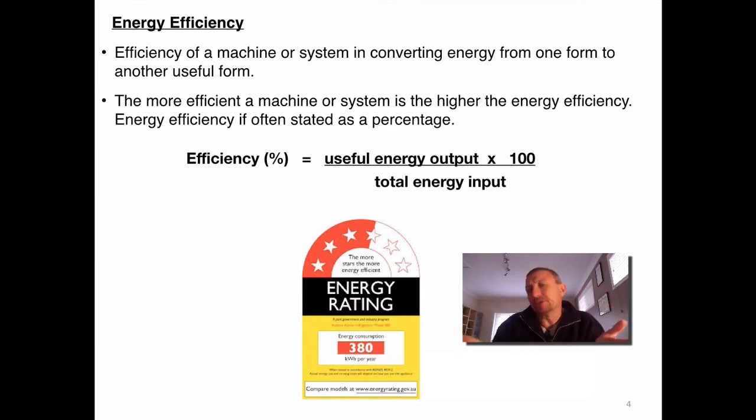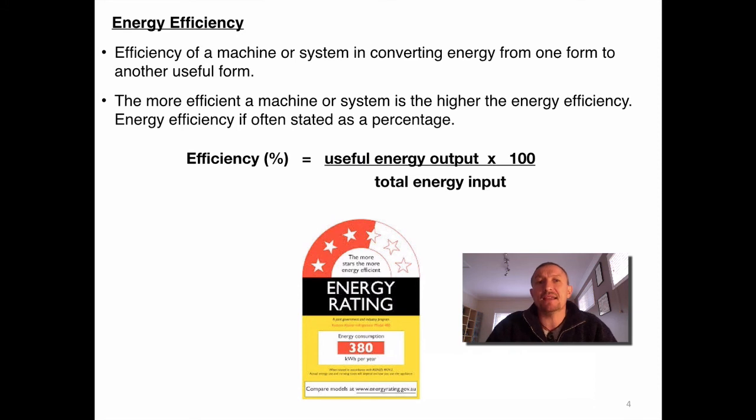That ain't going to happen. But the closer we can get to those 5 stars, the better your appliance is at converting energy into useful energy. In this case, 3.5 stars means it's about 75% efficient, and all appliances will have this on there so that you can make an informed decision.